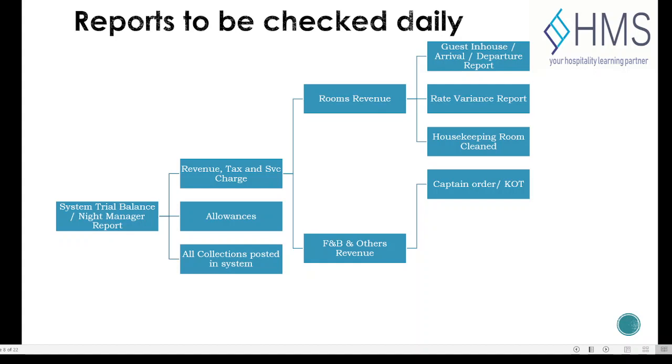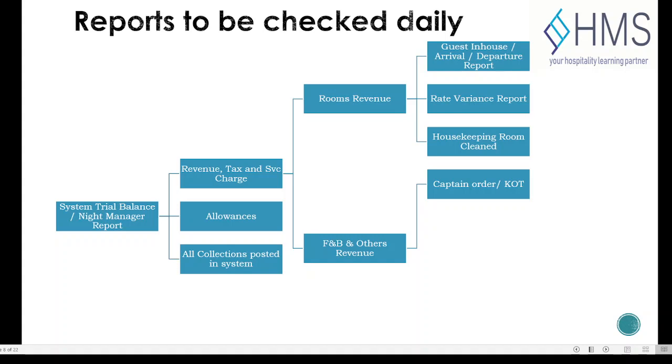So that way when they look at the report on a daily basis, they may know if there is any wrong market segmentation being chosen in the system. So these reports are important for them to ensure the completeness and accuracy.